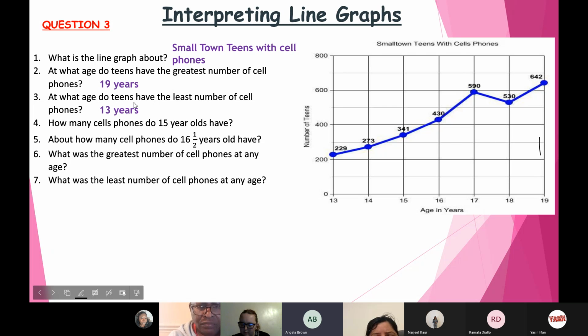At what age do teens have the least number of cell phones? So the least number was 13 years, not students, 13 years. How many cell phones do 15-year-olds have? So 15, they told you 341.